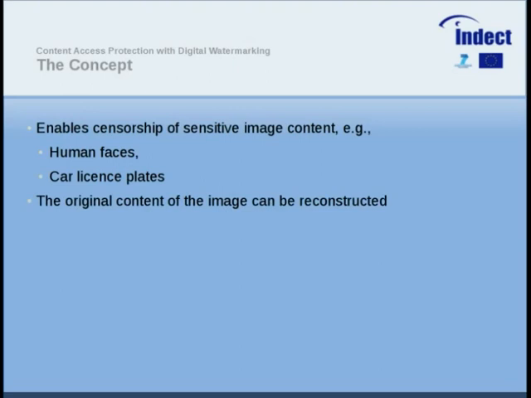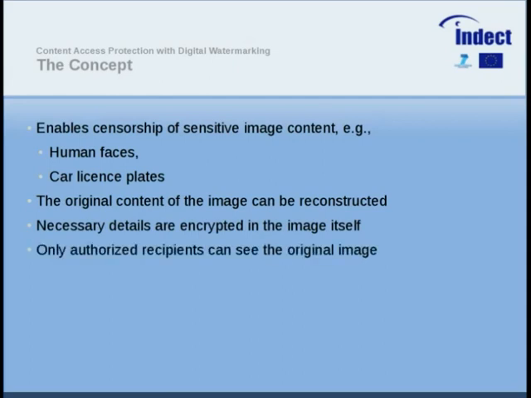So we select particular regions of an image for protection, then it becomes blurry in the image itself, and authorized recipients are able to see the original appearance of the protected fragments. So the details that are necessary for proper reconstruction are encrypted in the image itself. And as I said before, only authorized recipients can see the original image.